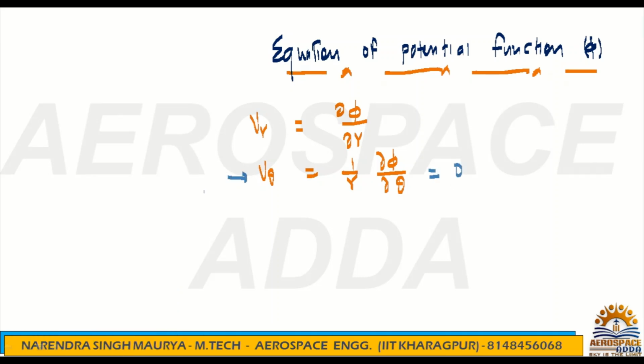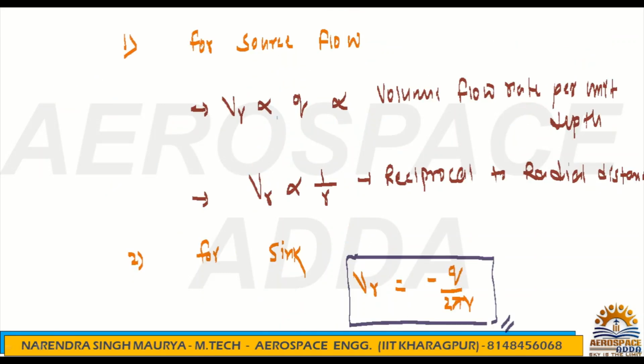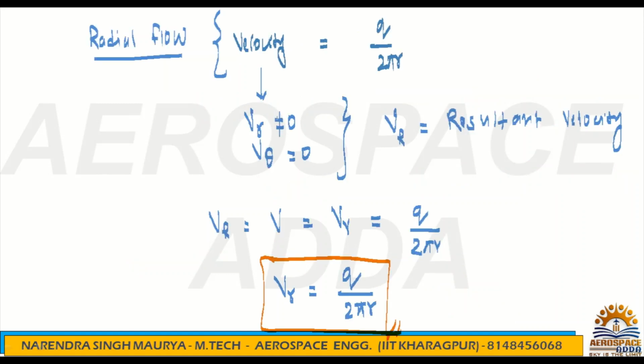And vr you can consider as v. It's your choice. You can write vr or directly write v. The meaning will be the same.